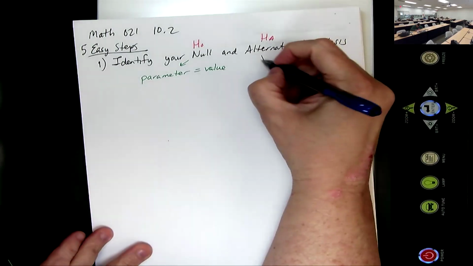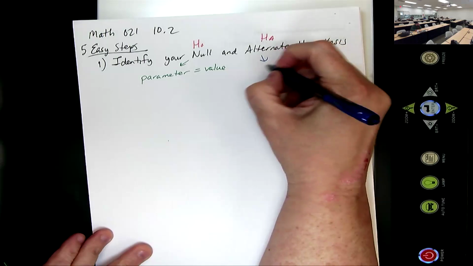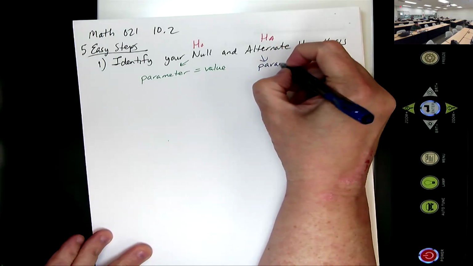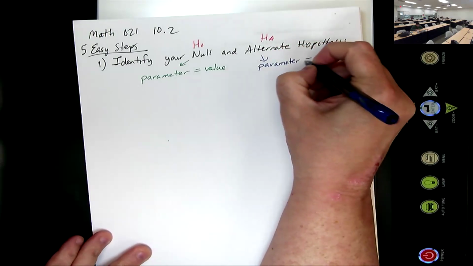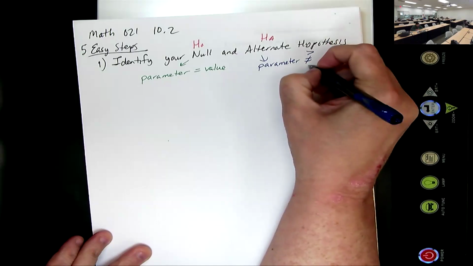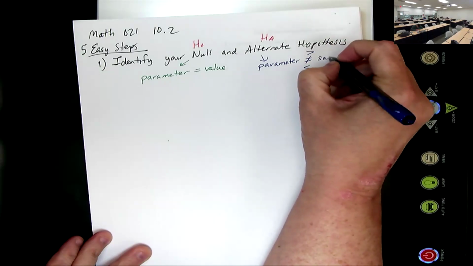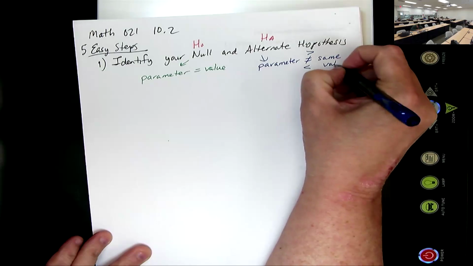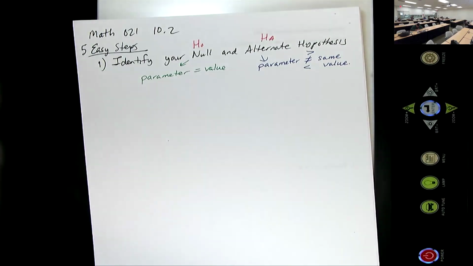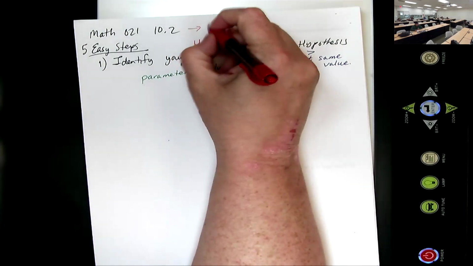And HA has our parameter either not equal to, greater than, or less than that same value. Let's see today, in 10.2, that parameter is P.